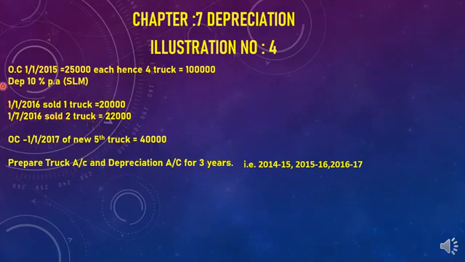All 4 trucks together were purchased on the 1st Jan 2015. Out of these 4 trucks, 2 trucks are being sold, one on 1st Jan 2016 and another on 1st July 2016, and the selling price is different.